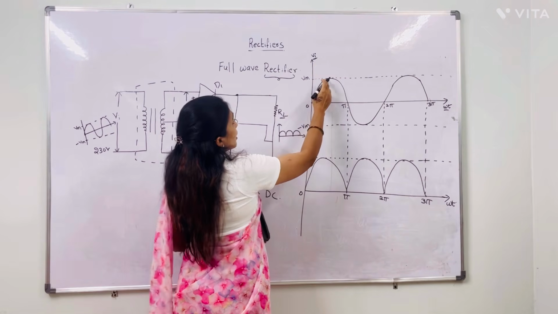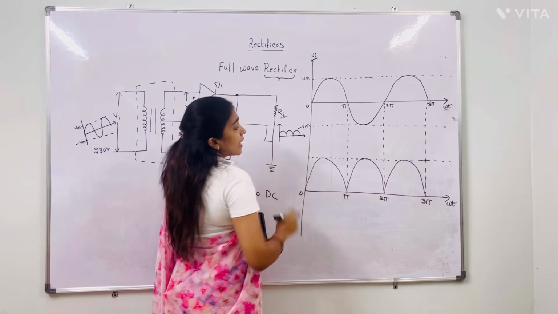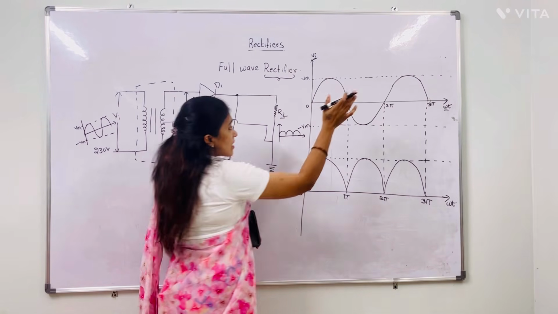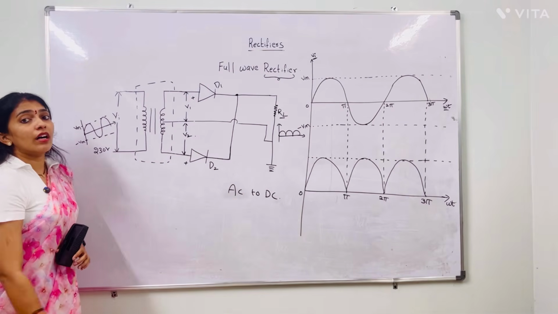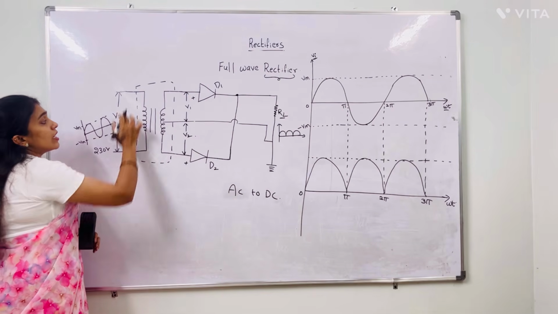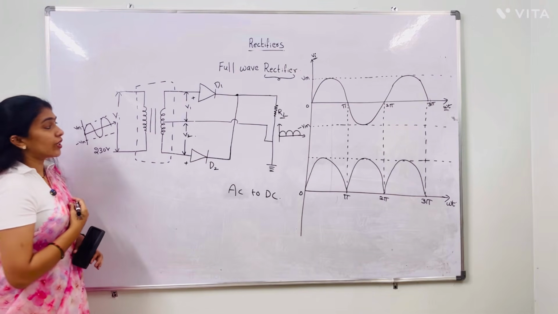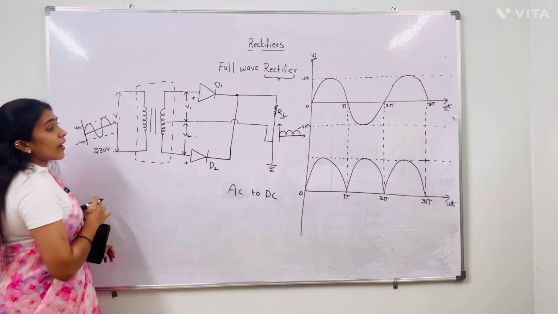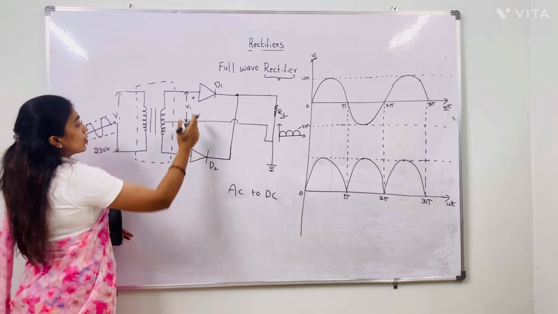So positive amplitude is Vm, negative amplitude is minus Vm. Okay, this is the input we are giving to the primary winding of the center tapped transformer. 230 volts, a very high amount of voltage. So this transformer converts that high voltage into low voltage and then gives it to these two diodes.